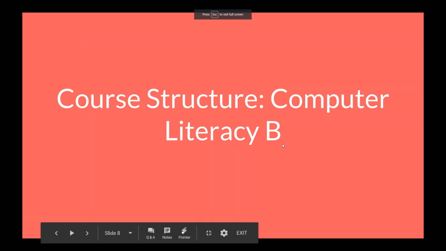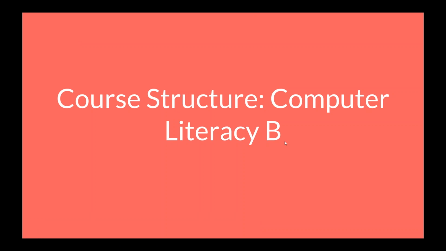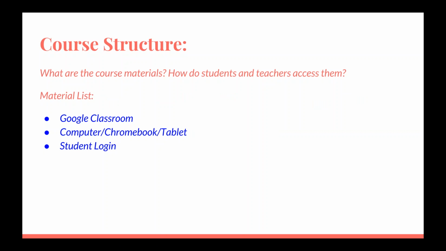All right, so let's look at the course structure. So this is our overview. This would be like if we had a printed manual, what you would look at. But again, Google contains a lot of that for y'all in its structure, and that's, I think, the greatest part about it. So they will need a student login, which, as I understand, is being dealt with and will be given to everyone, fingers crossed, by Monday.